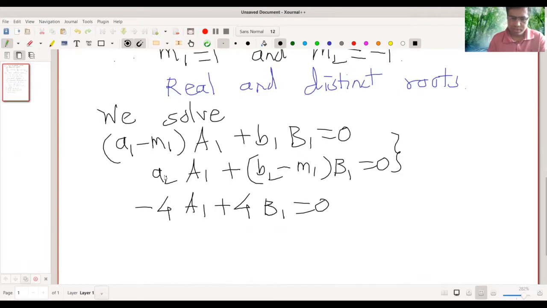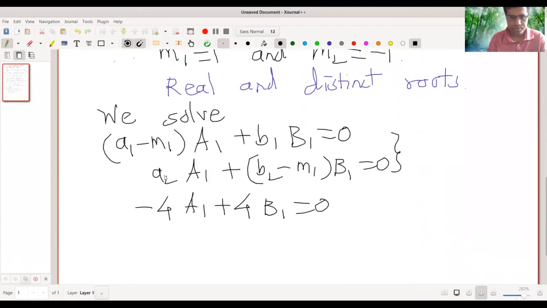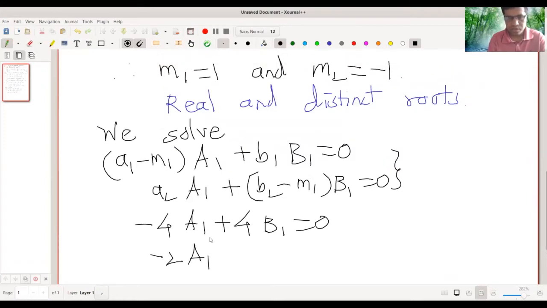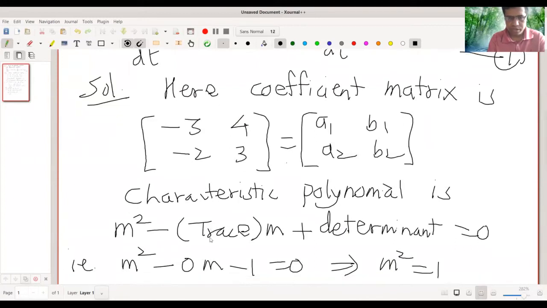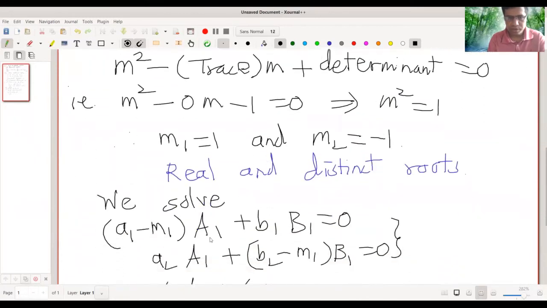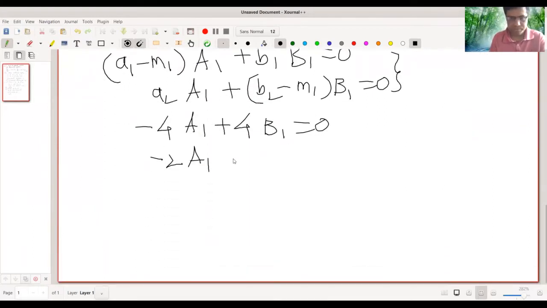If you check the second equation, it is A2, that is minus 2 A1, and B2 minus M1, B2 is 3 minus 1, that is 2 B1. So the second equation is obtained by dividing the first equation by 2.